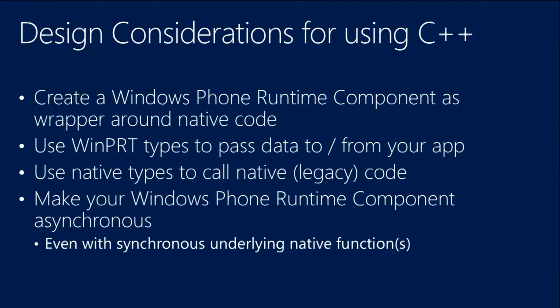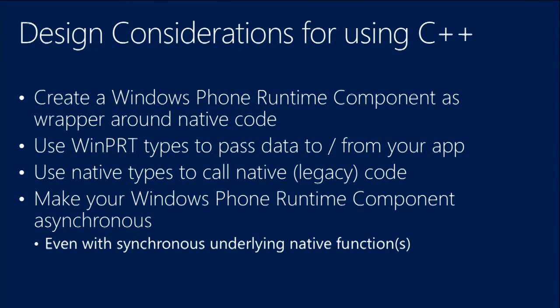Since your Windows Phone runtime component needs to be written anyway, I can now add a little trick to make my application behave a little better. And that's something that I want to show you, because what I can do inside my Windows Phone runtime component is make method calls asynchronous, even when the underlying code is synchronous.